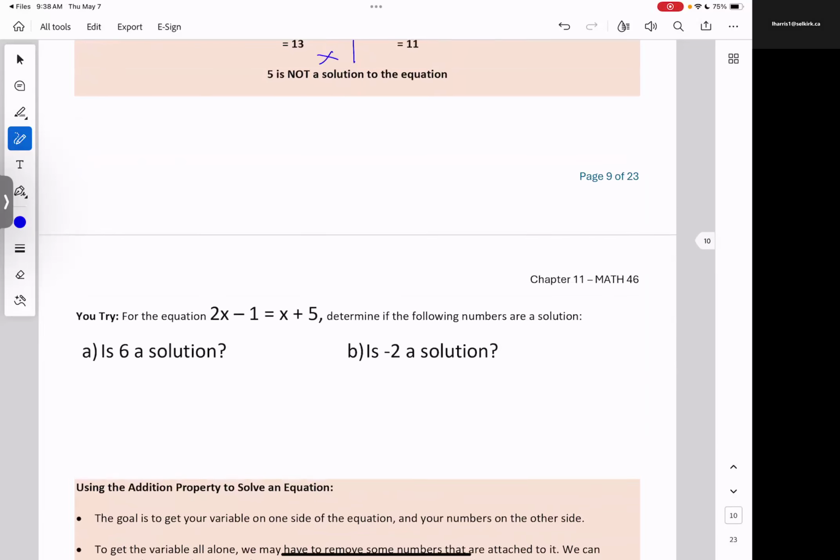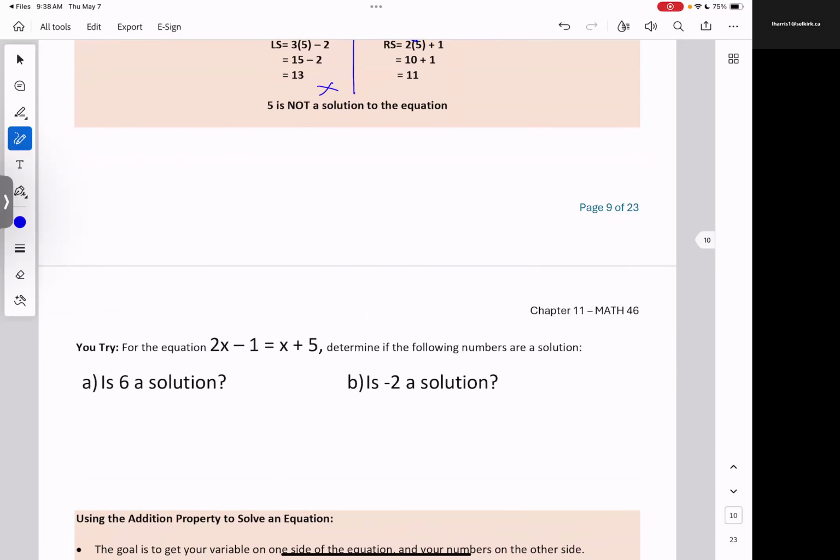All right, go ahead and try this next one. So you've been given this equation. See if you can verify if 6 is a solution and then if -2 is a solution. All right, let's do this one together. So we have our left side and our right side. So on the left, we have 2x minus 1, and on the right, we have x plus 5.